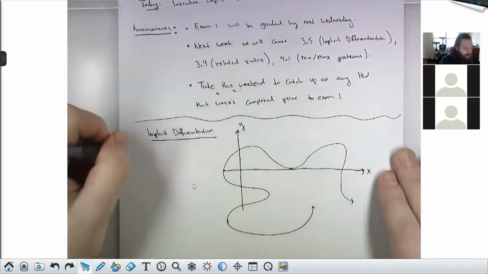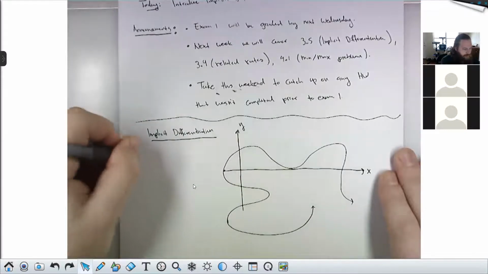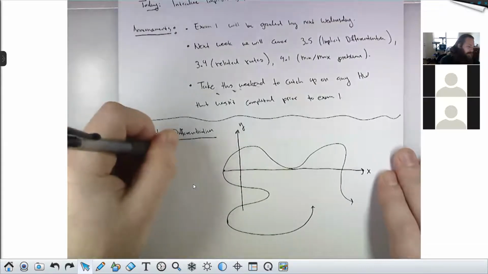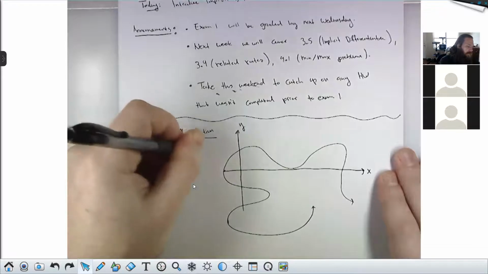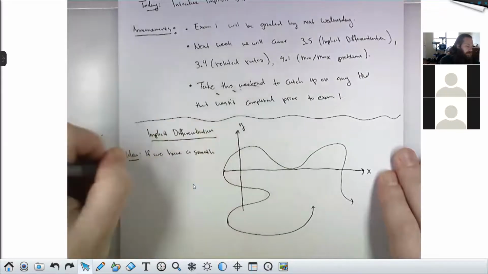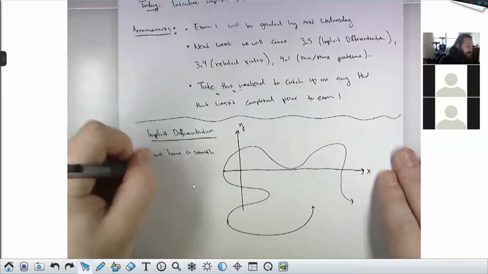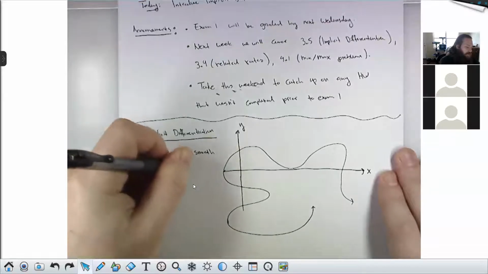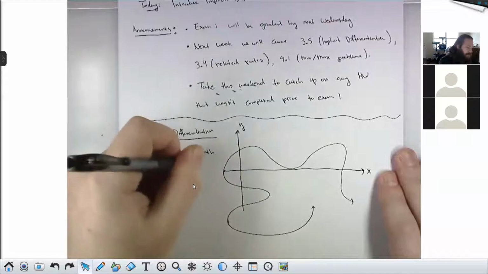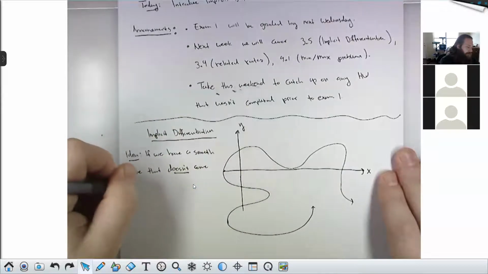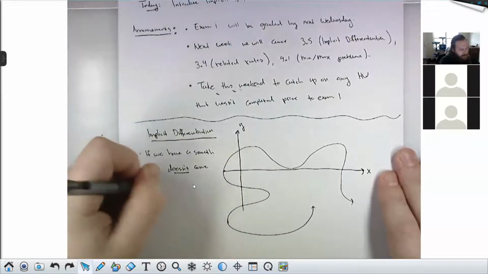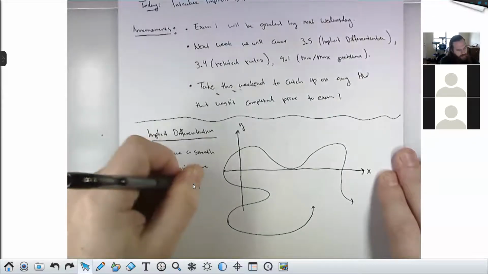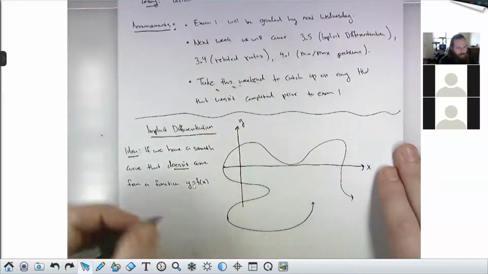So the main idea: if we have a smooth curve that doesn't come from a function, y equals f of x, like this right here would be an example.